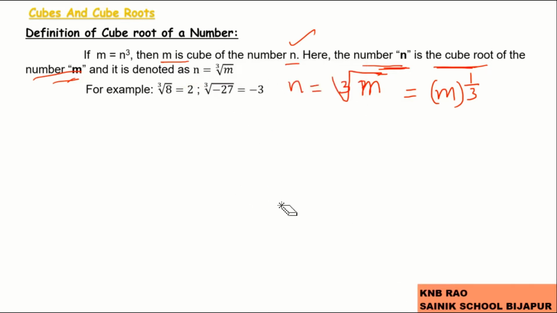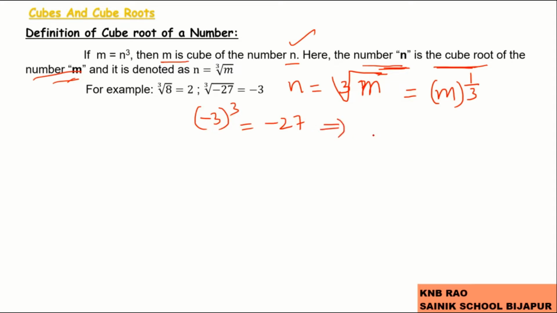So, for example, cube root of 8 is 2 and cube root of minus 27 is minus 3. You know that when minus 3 is cubed, it gives minus 27.